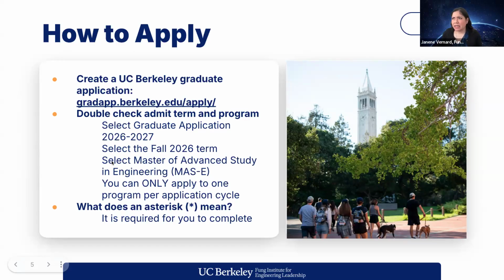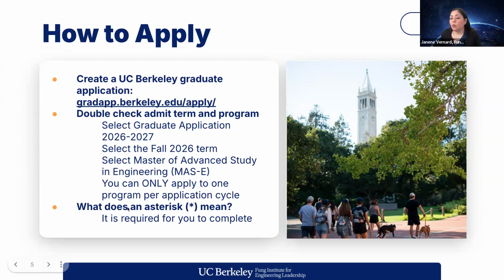So that means that spring 27 is part of that cycle, as is summer 27, I believe. No, summer 26 is part of the 2026-2027 cycle, sorry. So you wouldn't be eligible to apply for another program until the summer of 2027 or fall 2027.